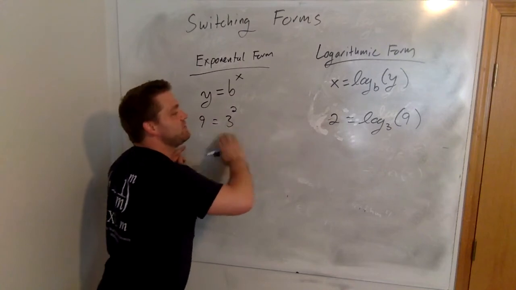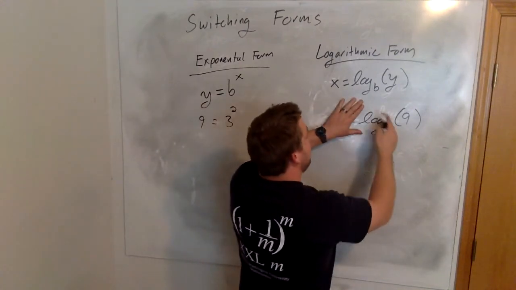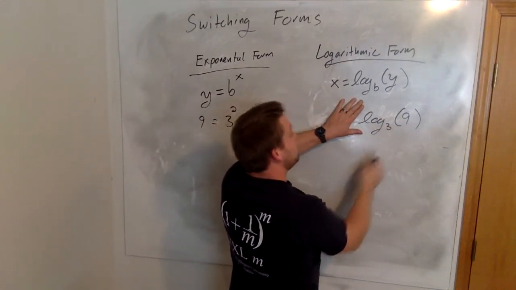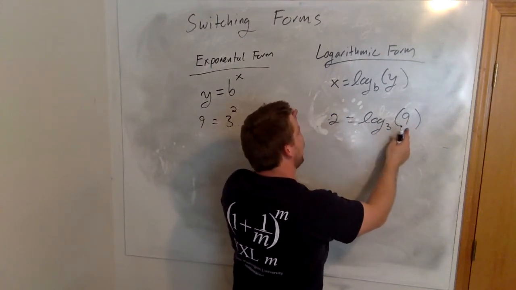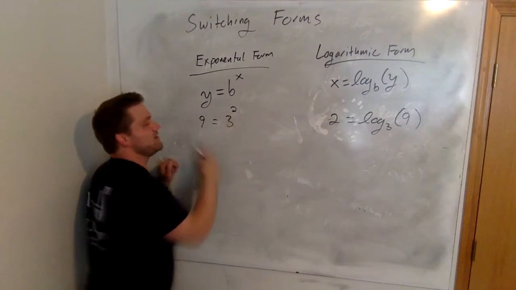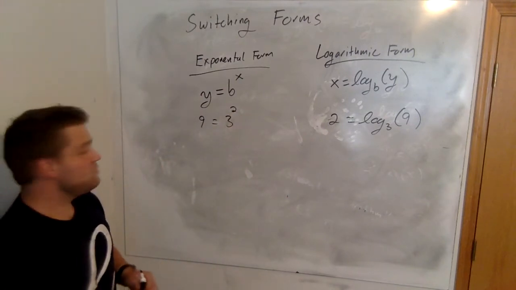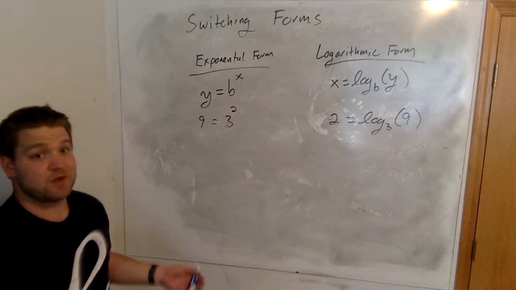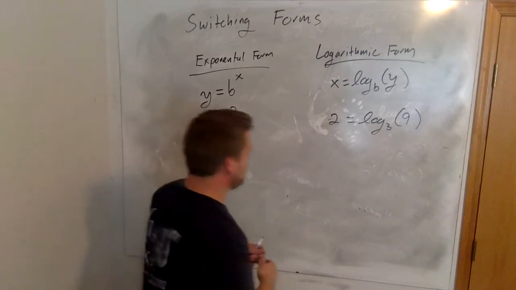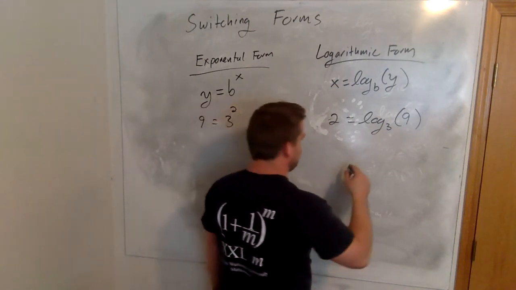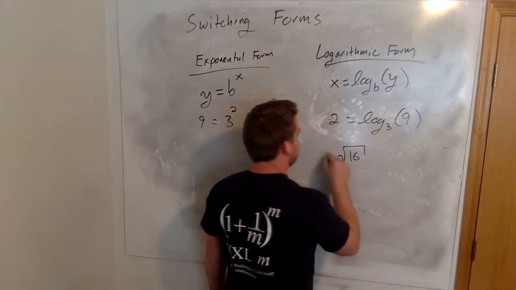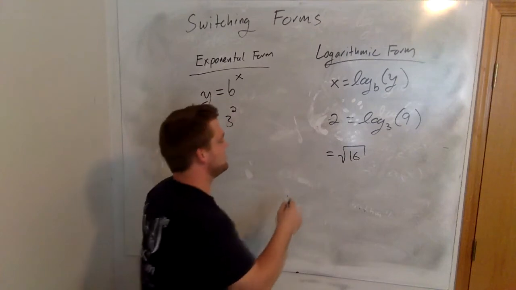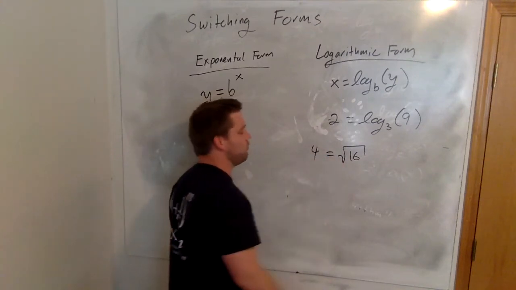These say equivalent things. When we're seeing log base 3 of 9, this is again asking 3 to what power gives you 9? Well, 3 squared gives you 9. They're opposite operations. This is the same way you would think about square roots. How would you explain to someone why the square root of 16 is equal to 4?